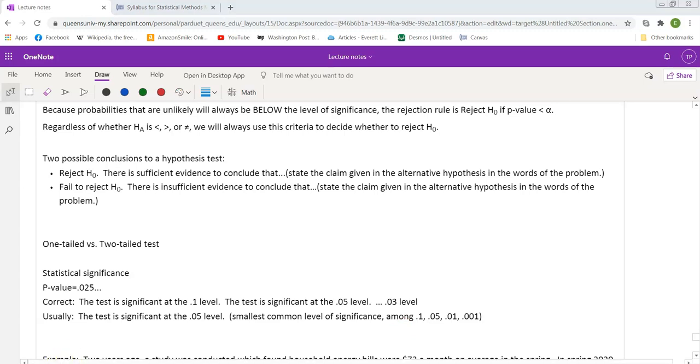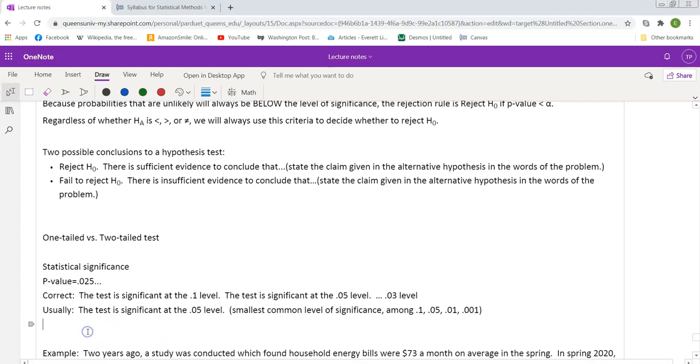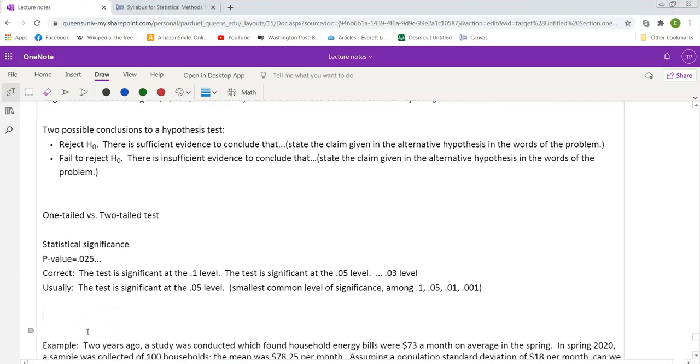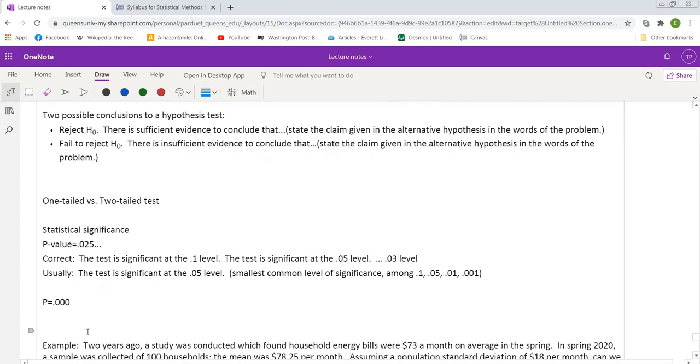And there's just one more thing I'll mention before we sign off on this video, and we'll let you do some examples. If on some computer output sometime you'll see a p-value of 0.000, that does not mean that the p-value is exactly 0. It means that it's 0 rounded to 3 decimal places.